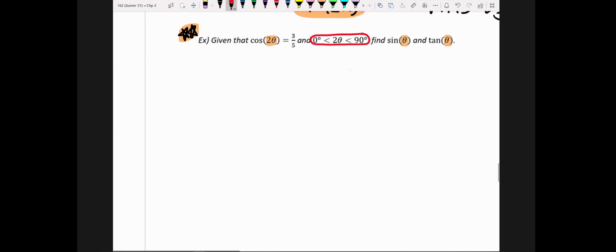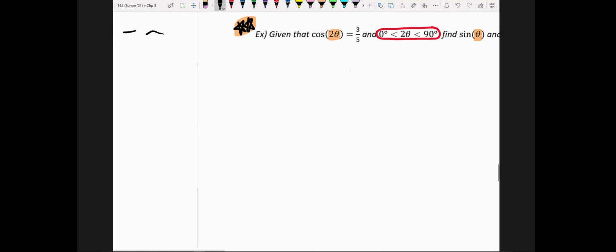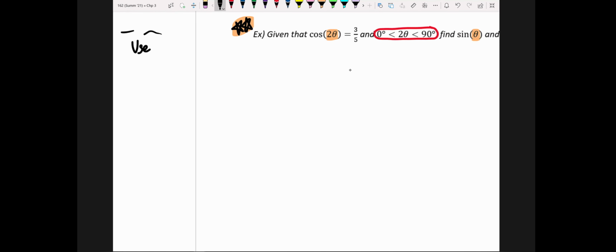Okay. So when you're given the info about one trig function and you want to find the rest, we have two different strategies. We can use the Pythagorean identities or the triangle method. With the Pythagorean identities, given the exact value of one trig function, we can find the exact value of all 6 trig functions evaluated at that angle.